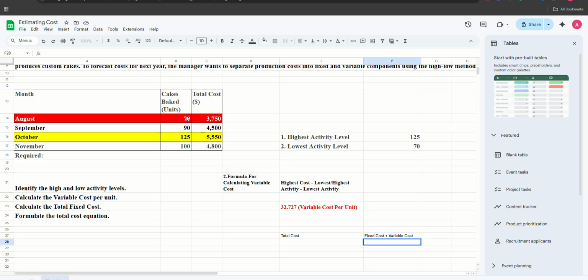Then I am going to multiply it with this number, and then I'm going to include total cost here. So total cost is equal to 3750.